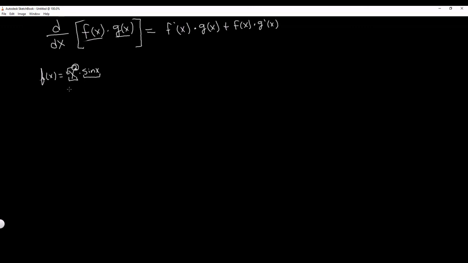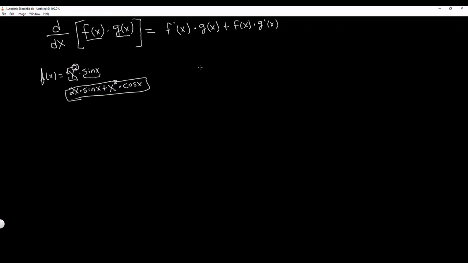So this will be 2x times the second function unchanged, so times sine of x, plus the first function unchanged, so x squared, times the derivative of the second. So the derivative of sine is cosine x. And that is the answer to this one.